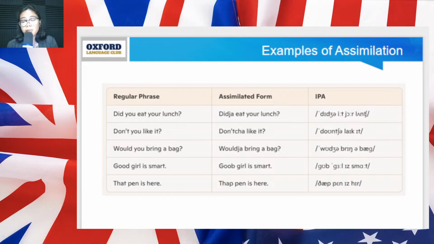We will be working with different situations or contexts where assimilation can be practiced. It helps us understand and practice how sounds change when they're next to each other in spoken English. Remember, assimilation is when one sound changes its form to become more like a neighboring sound. This happens to create smoother transitions between words and to reduce the effort our mouth needs when moving from one sound to another. So it is a very common and natural part of fluent English.